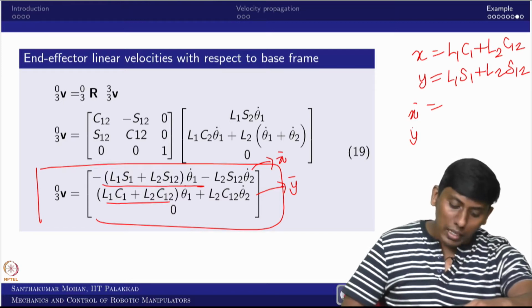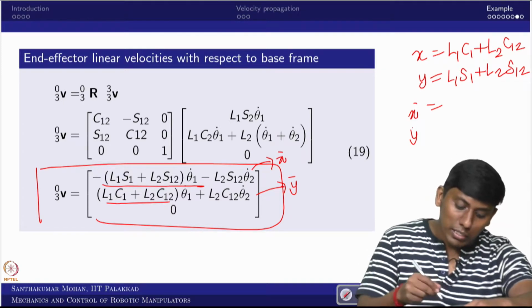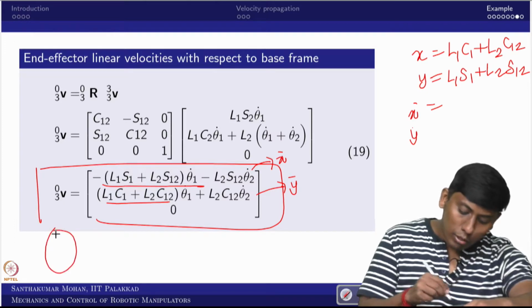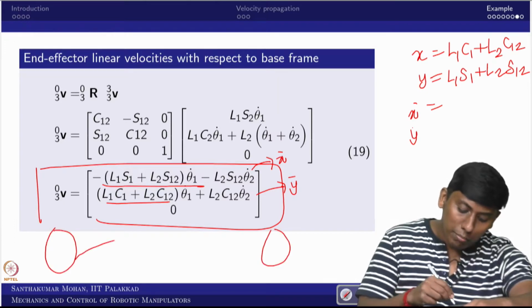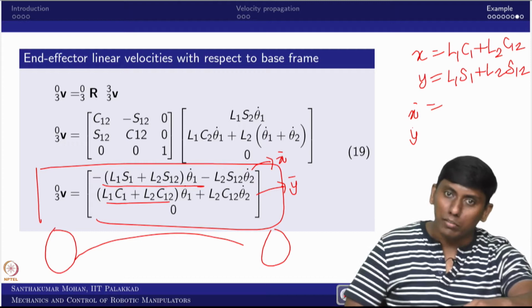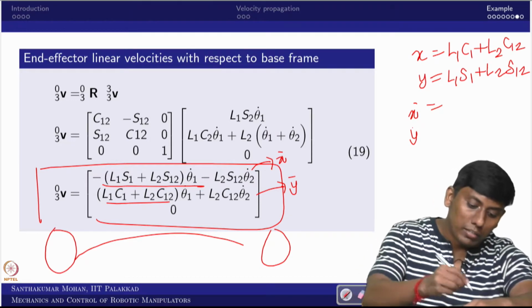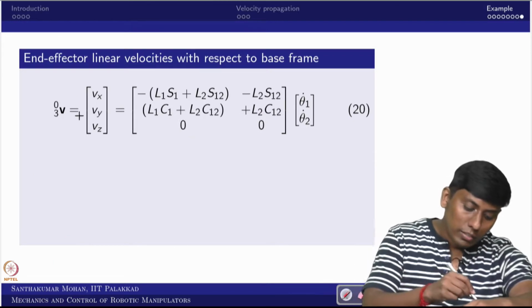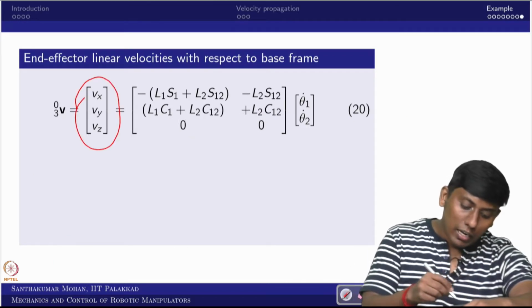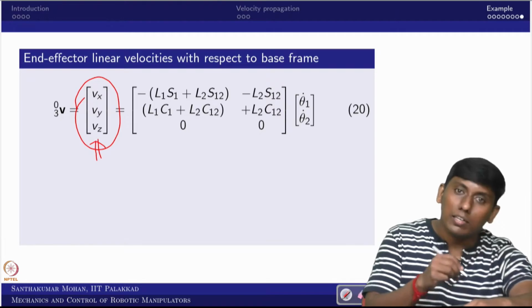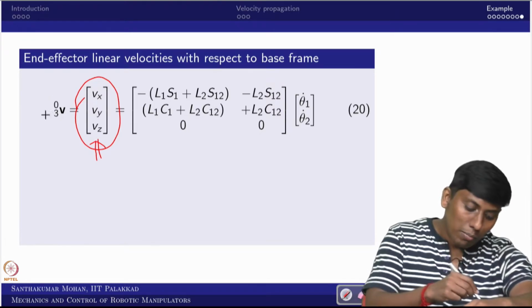We already know from the last class that the end effector velocity can be mapped to the joint space velocity as a kinematic transformation matrix, which in velocity form we call the Jacobian matrix. So that is what we have done. Vx, Vy, Vz, I call this the linear velocity component.